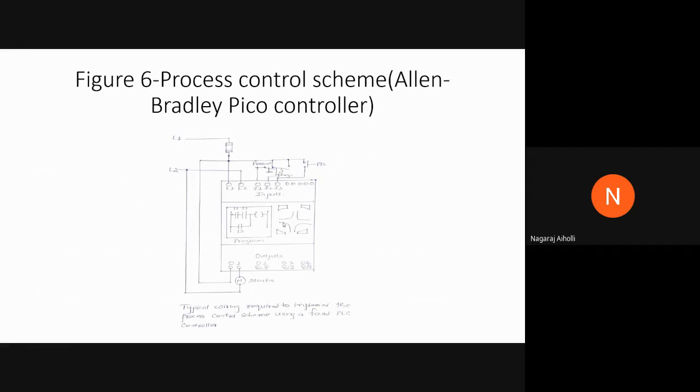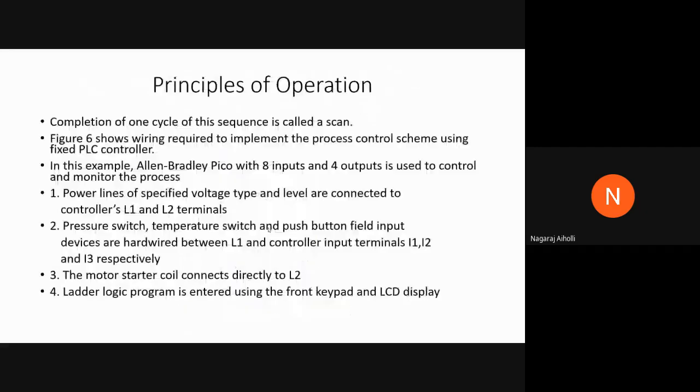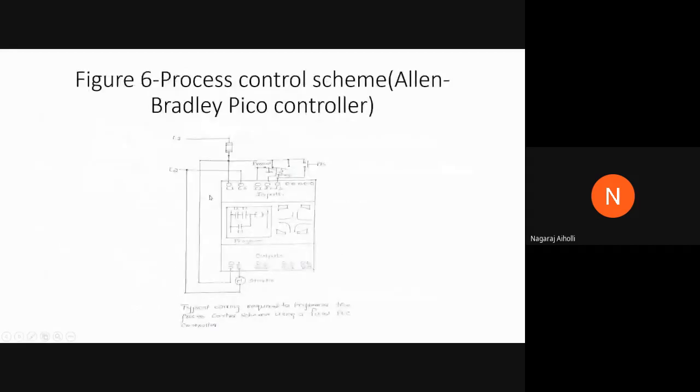Similarly, there are certain instructions for the PLC also. We'll take that up in the last part of this presentation. The ladder logic program is entered using the front keypad and the LCD display, so you enter the instructions using the keypad and see on the LCD display what instructions you are typing.